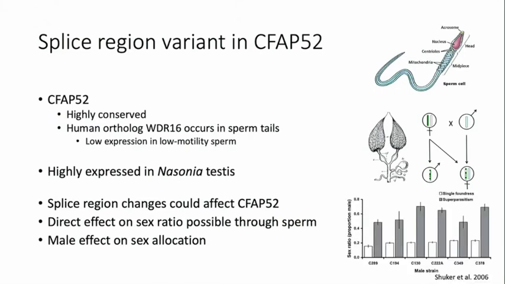So here we are on to a male effect on sex allocation, and that has been observed before in Nasonia in this study, where they looked at different males mating to the same female strain, and there's tiny but significant changes between strains. So there's a tiny effect of males on the sex allocation as well. That's interesting because we actually tend to think that sex allocation is a female business, but males have an effect here as well.